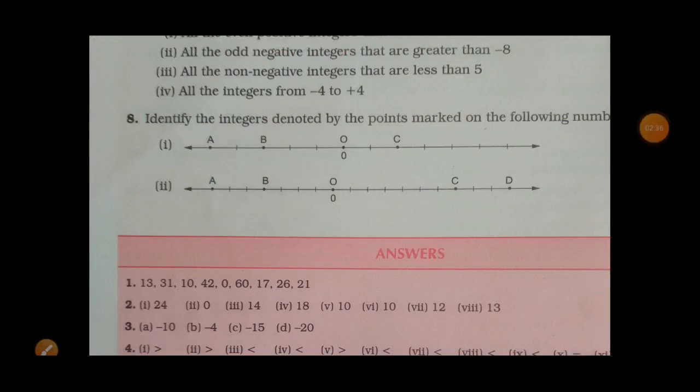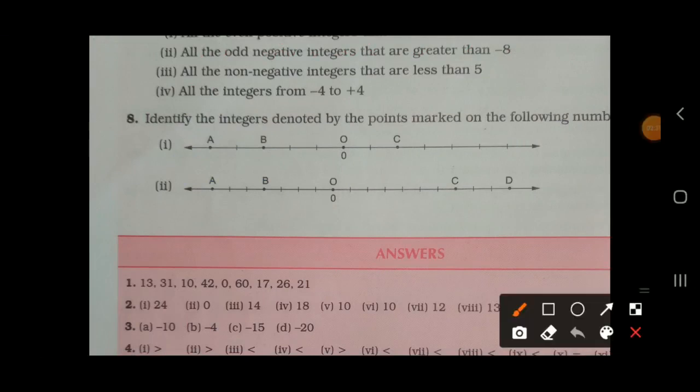In question number 8, identify the integers denoted by the points marked on the following number line. First one, O, this represents the origin, 0 is here. If we move from here towards the right-hand side, these are positive, and if we move from the origin towards the left-hand side, these are negative integers.